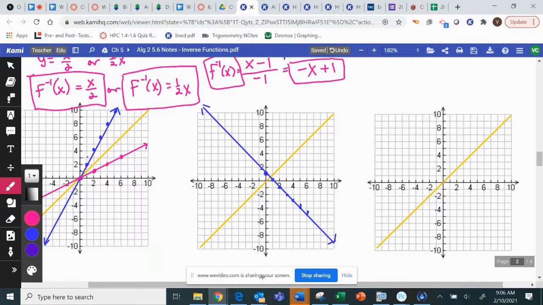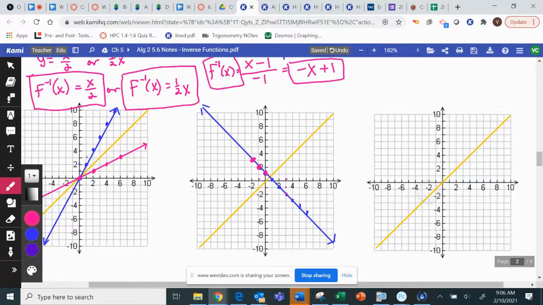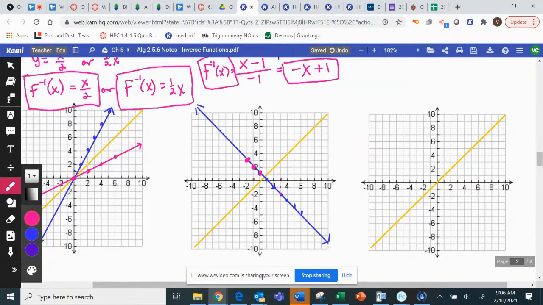So if I switch the ordered pair 1, 0, I get 0, 1. If I switch the ordered pair 2, -1, I get -1, 2. If I switch 3, -2, I get -2, 3. If I switch 4, -3, I get -3, 4.